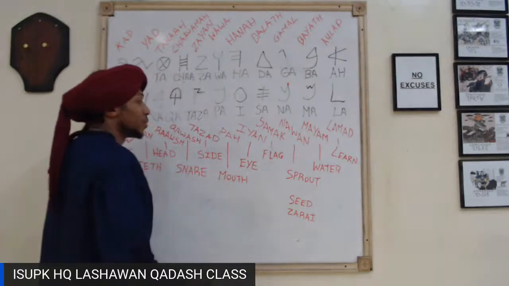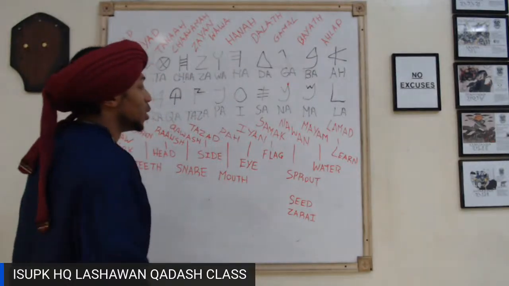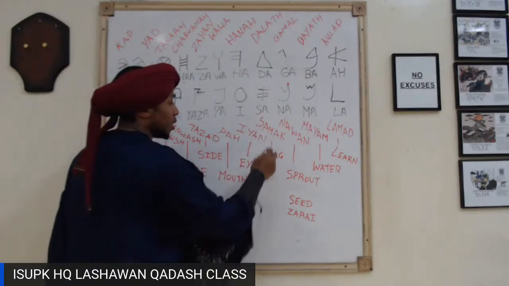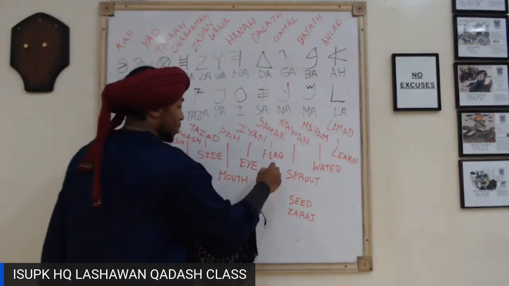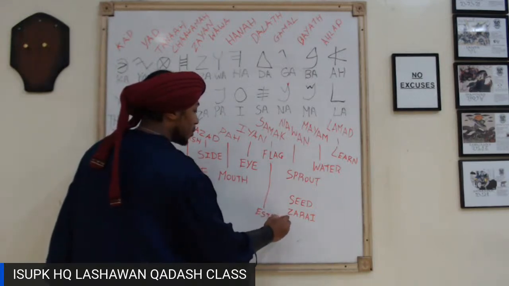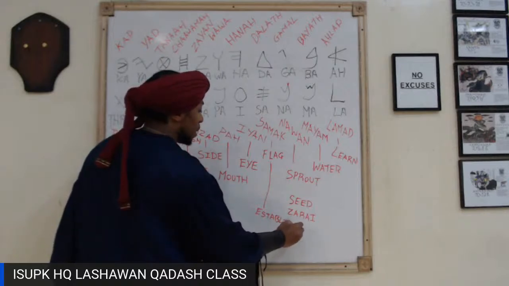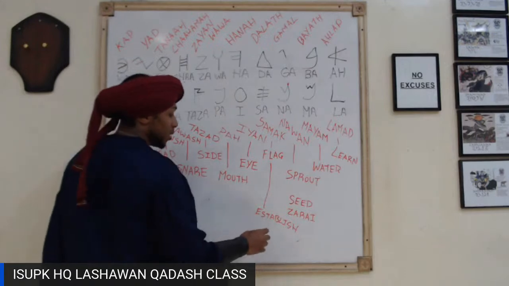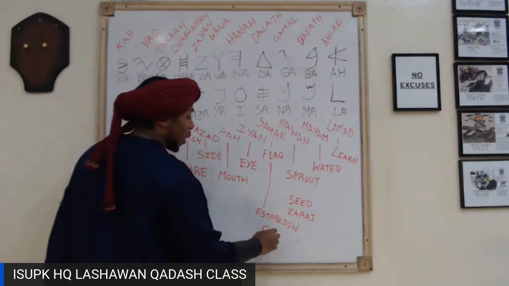Samak really means establish. When you establish a place, you put a flag there. The proper word for flag is sawak.